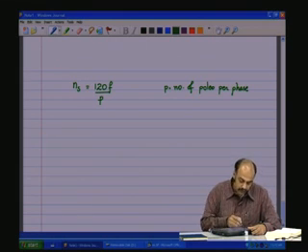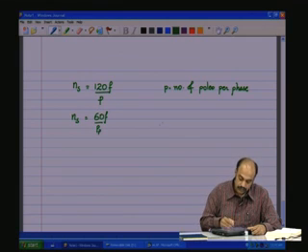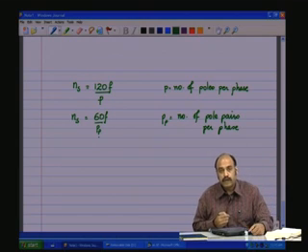So be careful about this. Now you can also have 60 F by PP, where PP is number of pole pairs per phase, because these are various formulas that you will find in different literature.